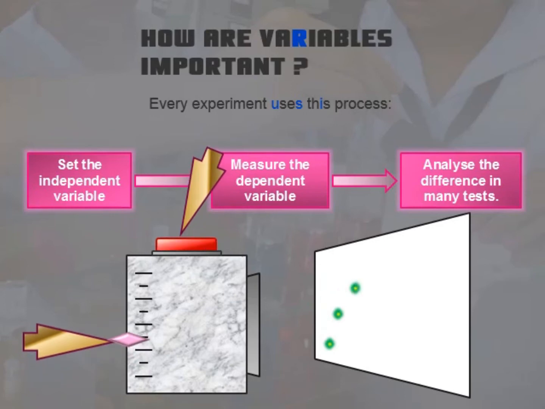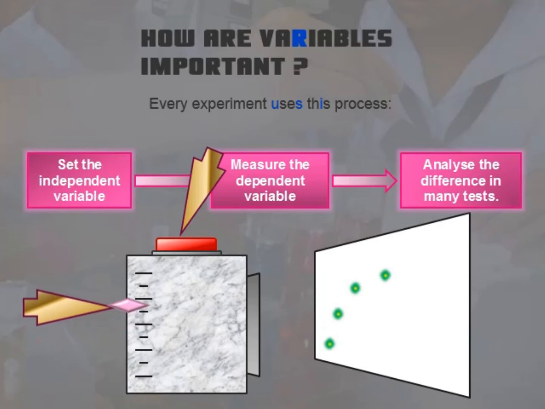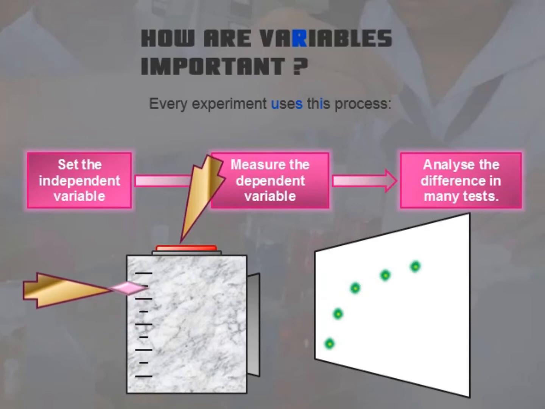The dot has moved again. And every time we move and press the button, the dot moves to a different place on our piece of paper. And afterwards we can look and see if there are any important things that we can learn.